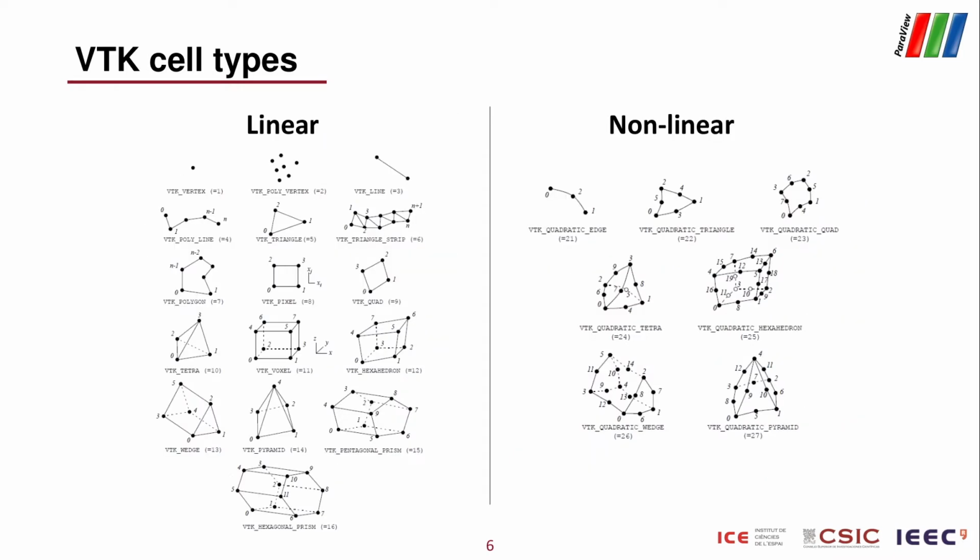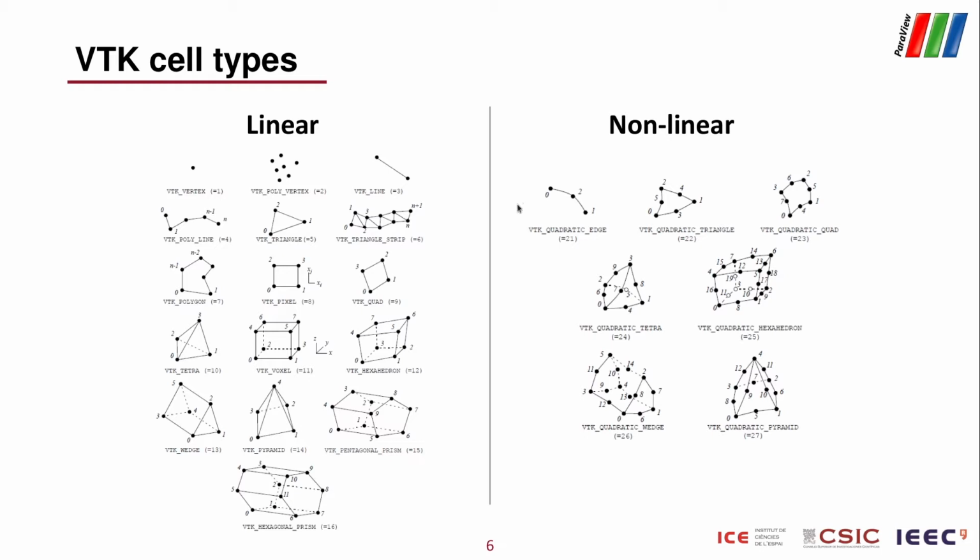Then another thing is the VTK cell types. And here we have two different types. The first one is the linear, and it is characterized because the edges are linear and first order. On the other hand, the non-linear type has non-linear edges, specifically quadratic edges.